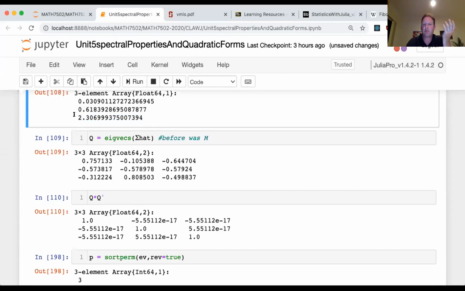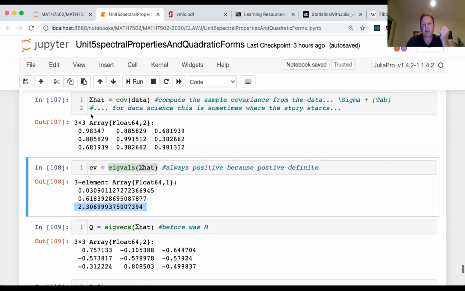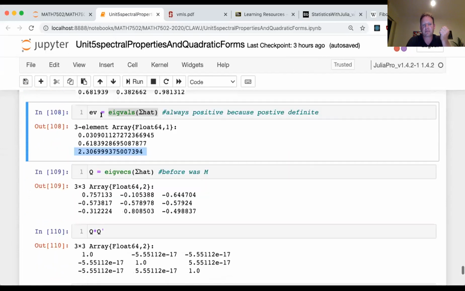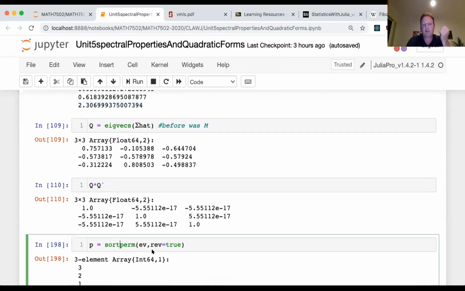This one is 2.3, and it's this eigenvector, this third one. If I expand this eigenvector's outer product with itself to get a rank 1 matrix times 2.3, that will be my rank 1 approximation of this covariance matrix. So what I'm going to do is use sortperm. This gives me the order of eigenvalues by magnitude.